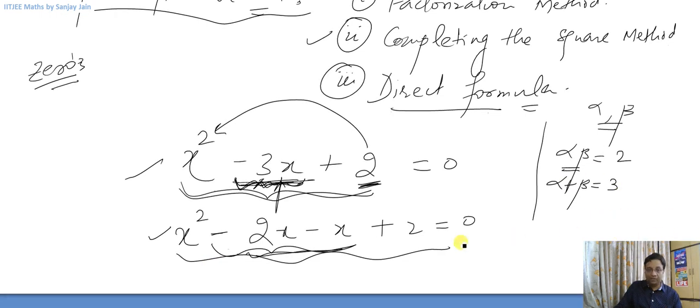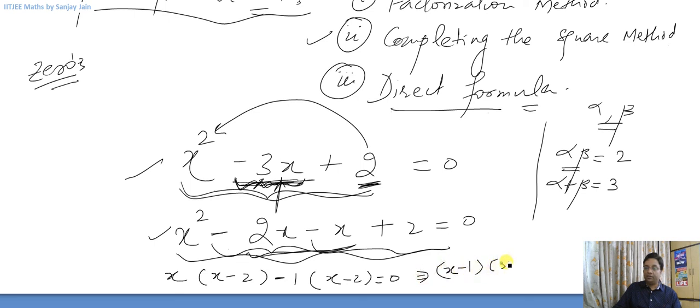Now what I'll do is I'll take x common. So I'll be left with x minus 2, and from here I'll take minus 1 common, so I'll be left with x minus 2 inside and put it equal to 0. So what I can say here is x minus 1 into x minus 2 is equal to 0 is the factorized form of this quadratic equation, right? So now this is the factorized form. What can you say about the roots of this?